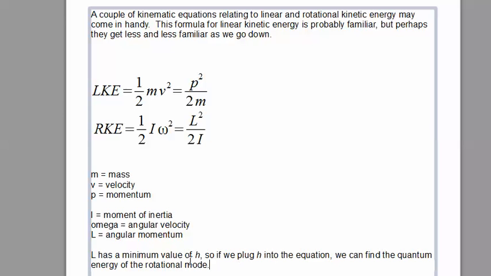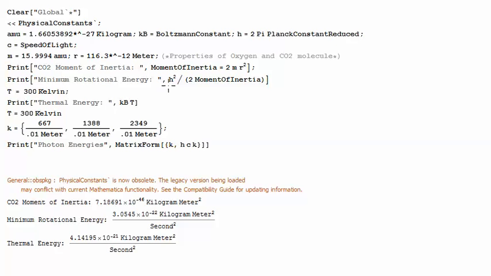And rotational kinetic energy is also the angular momentum squared divided by 2 times the moment of inertia. So L has a minimum value of Planck's constant. So if we plug h into this equation, we already have I, so by plugging h into there, we can find the quantum energy of the rotational mode. So I've done that here.